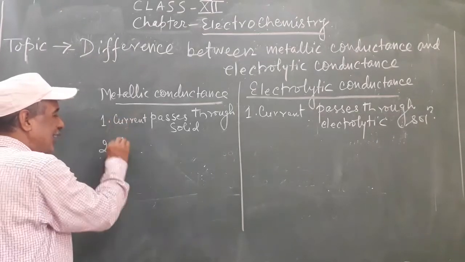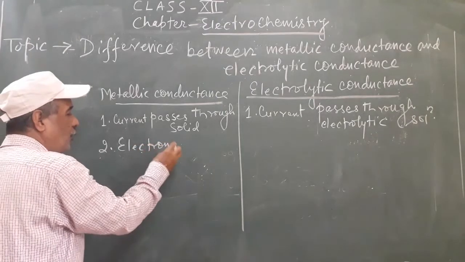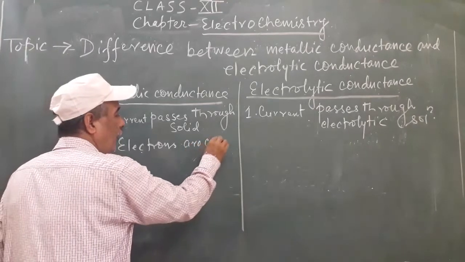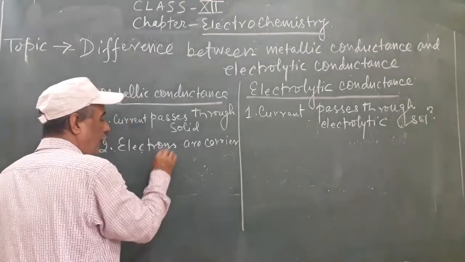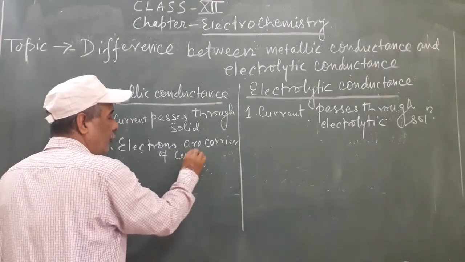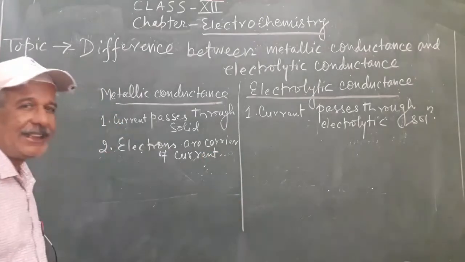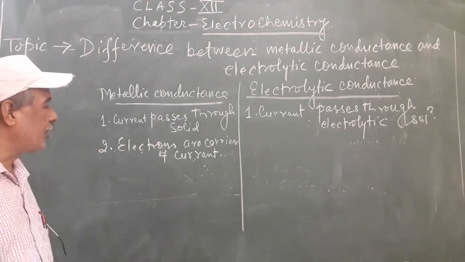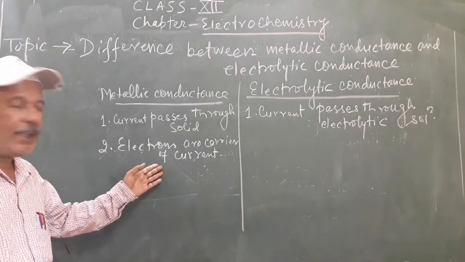Number 2. In this case, electrons are carrier of current. That is, in metallic conductance, from one place to another place, current moves due to free flow of electrons.